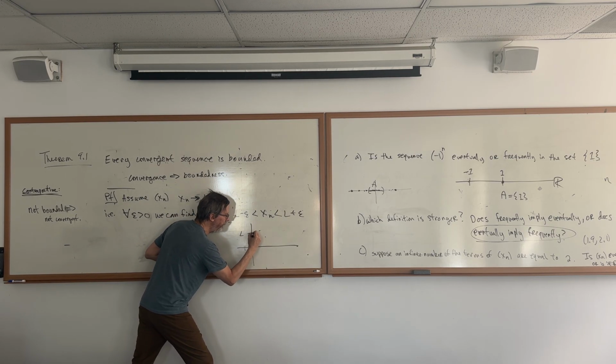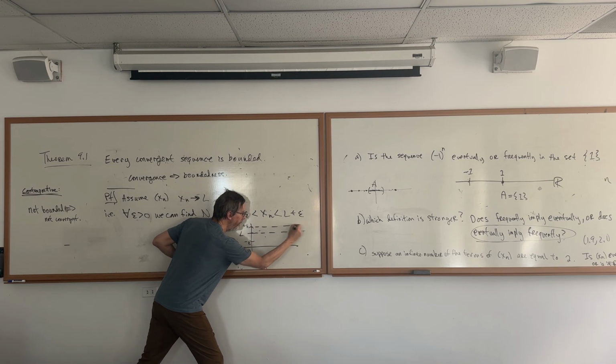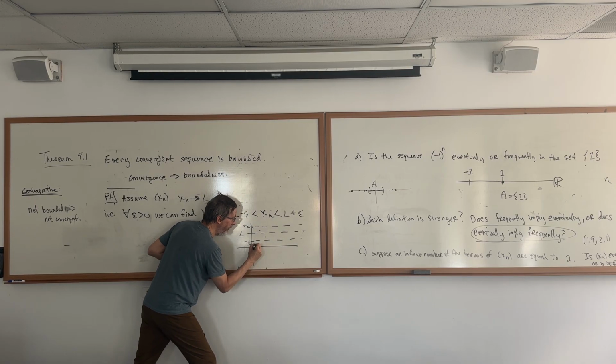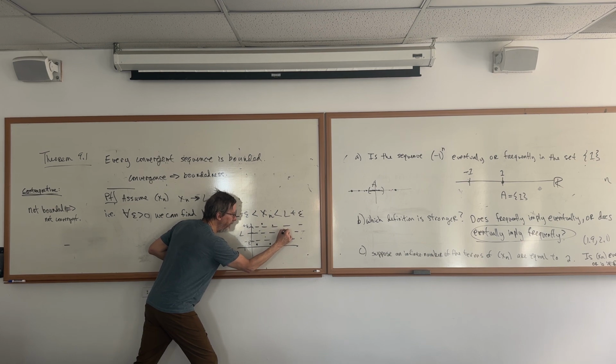Here's L. This is going to be my plus epsilon, minus epsilon. Let's draw a sequence that doesn't fall into there for the first 4 terms, but then after that, it's inside there.